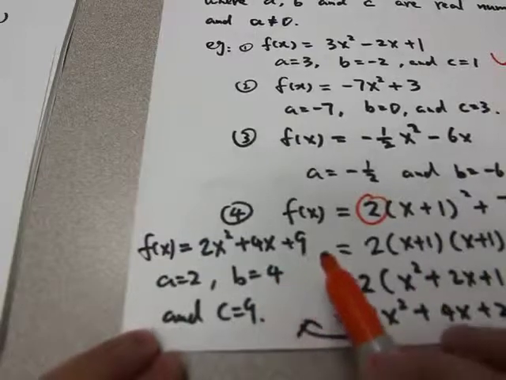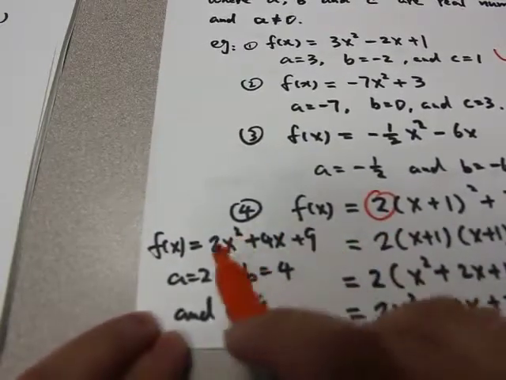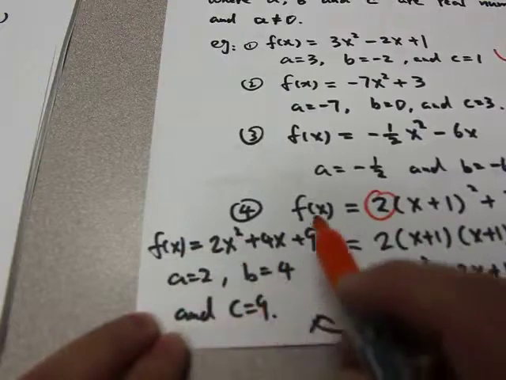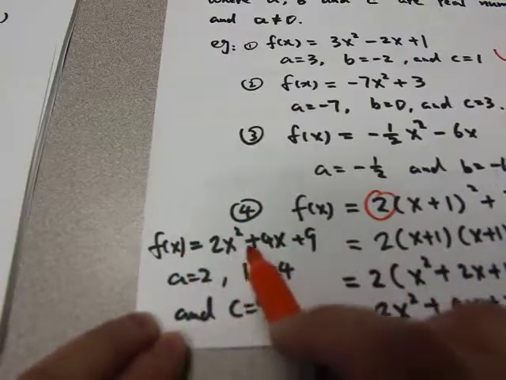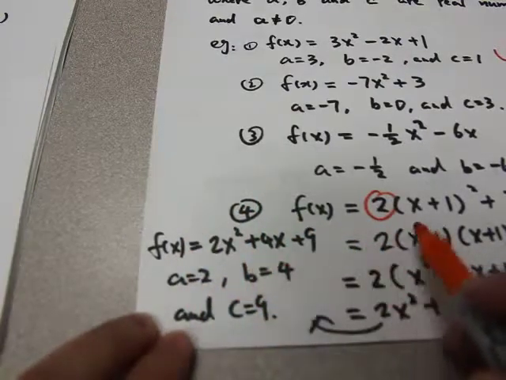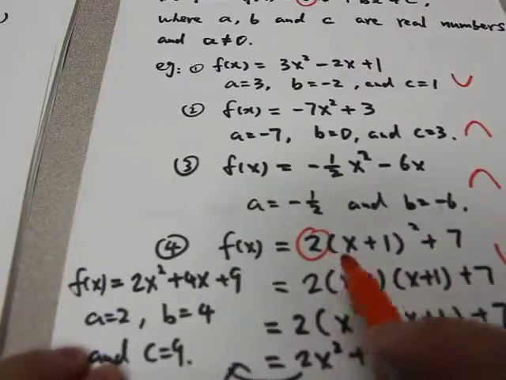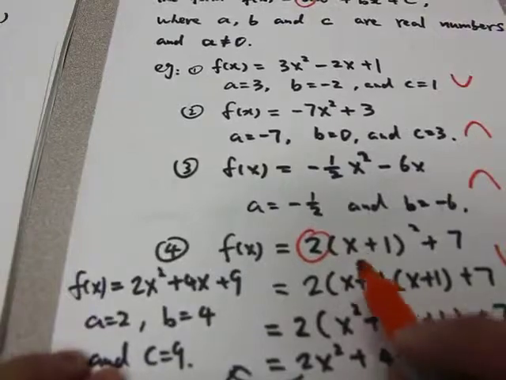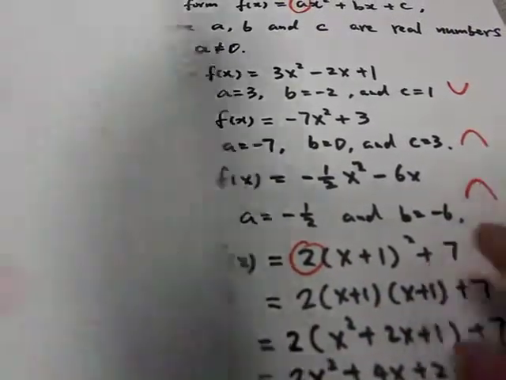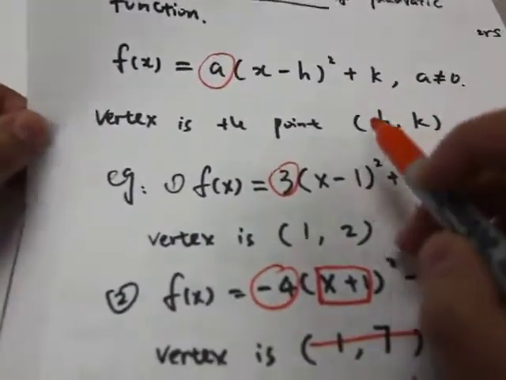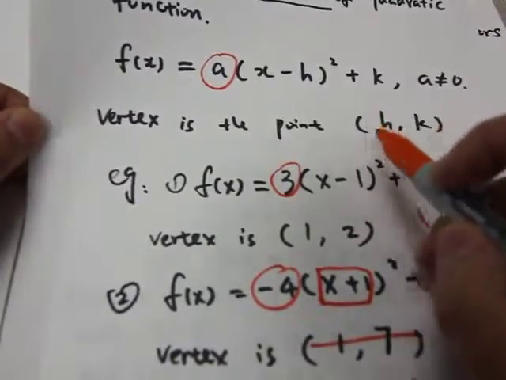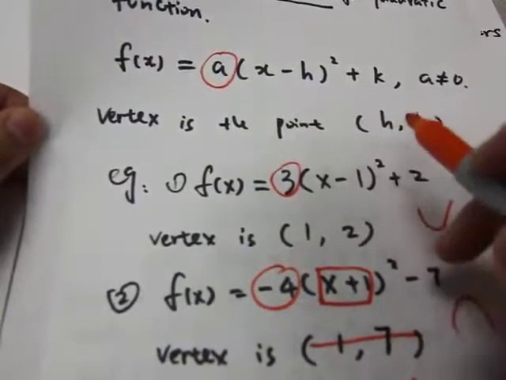In the next video, I will show you what to do if the equation we are given is in the general form and how to convert it into the standard form. Because if the equation is written in the standard form, the best thing is that we can find the vertex.